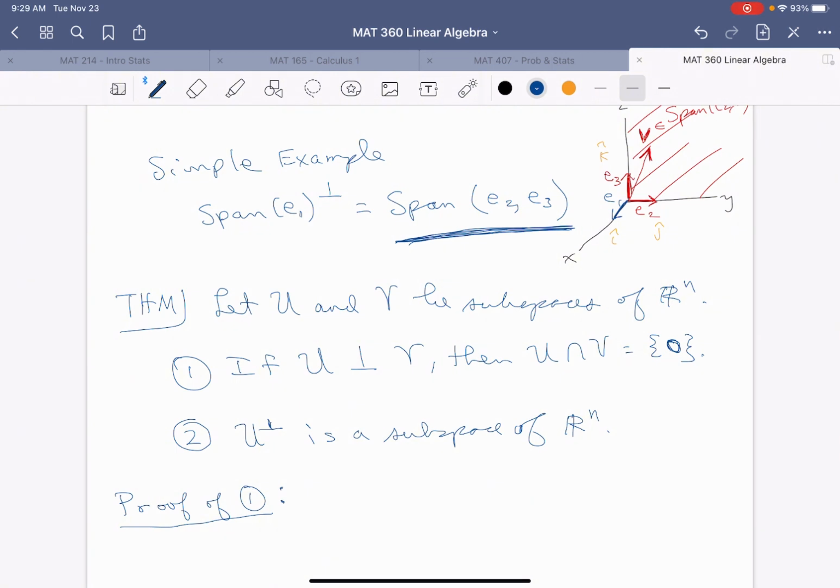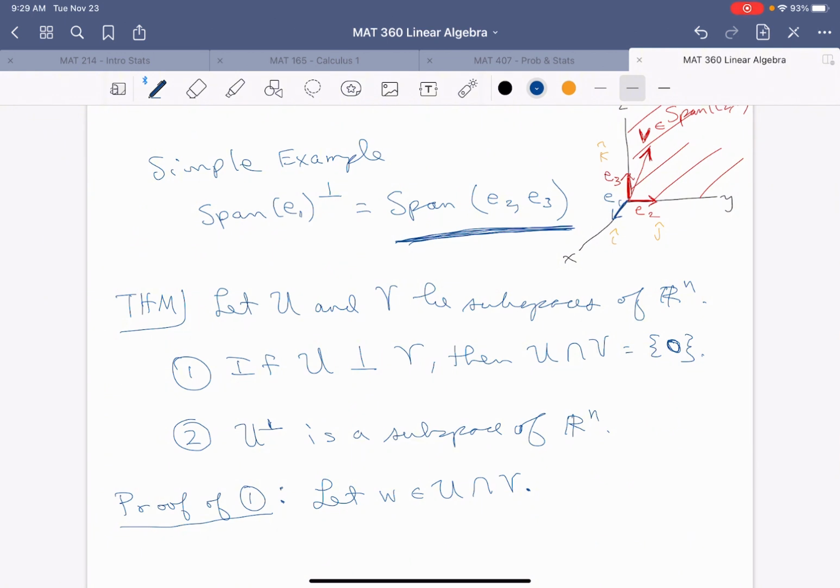Okay, so let's pick an arbitrary vector W from the intersection of the two. Even though we've chosen a vector arbitrarily from this intersection, we're going to show that it has to be the 0 vector.